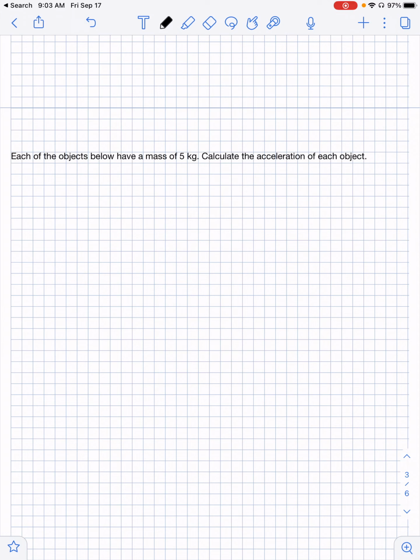This question says each of the objects below has a mass of 5 kilograms; calculate the acceleration of the object. Let's draw object 1, and let's say object 1 is the same as earlier: Fg is equal to 70 newtons, and the tension is equal to 105 newtons.